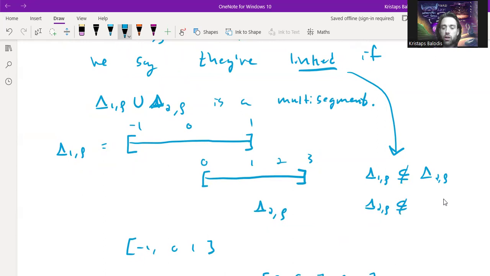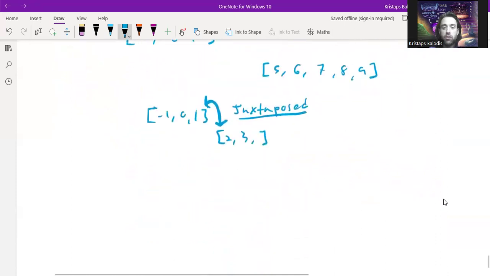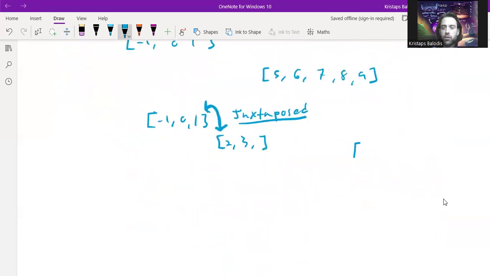So for example, if I had two segments that were exactly the same, -1, 0, 1 and -1, 0, 1, these are not linked. They're allowed to overlap, but one cannot be completely contained within the other.